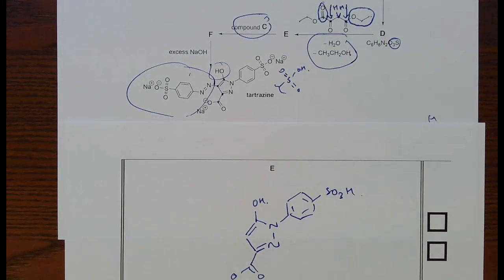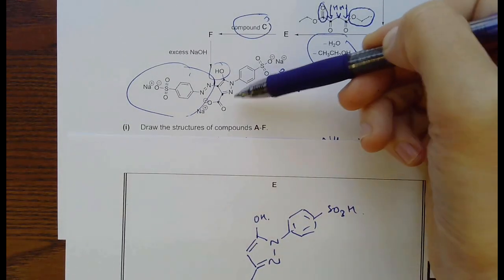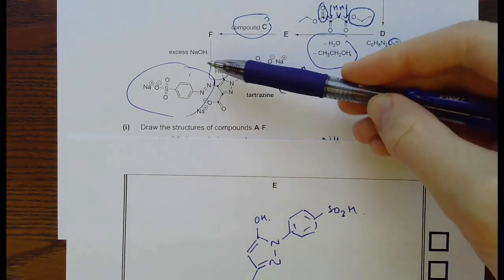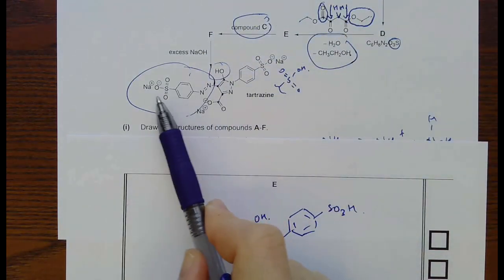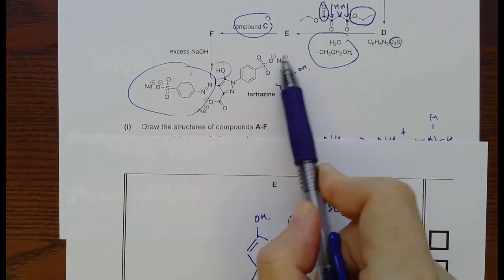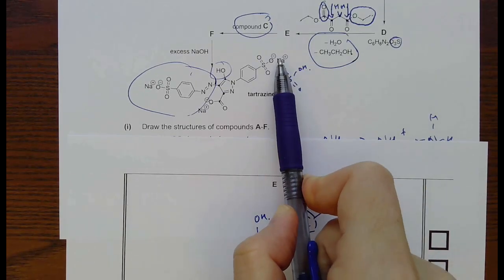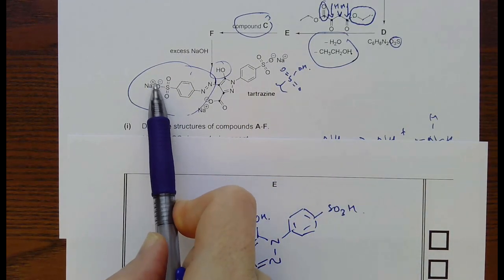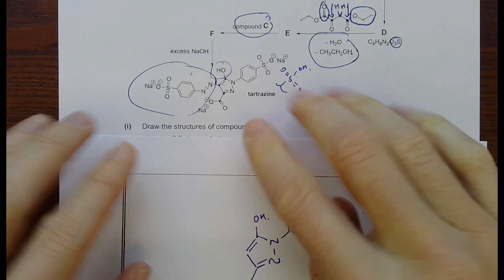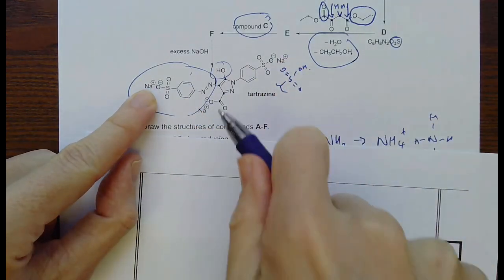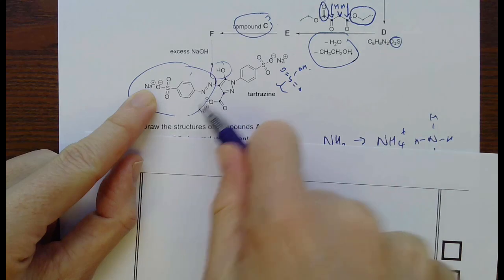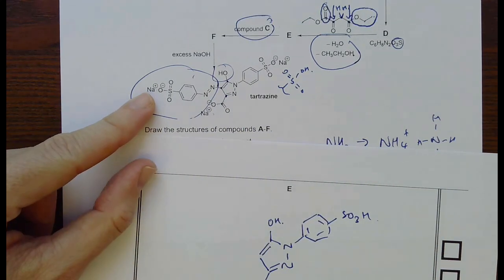So what I'm going to do is, at this point you can just work backwards. So you can think to yourself, all right, well, what is the sodium hydroxide going to do? The sodium hydroxide is going to deprotonate this group, and you get a sodium ion. It's going to deprotonate this group, and you're going to get a sodium ion. So all I need to do is just basically draw this, but just add on the hydrogen here, add on the hydrogen here, and it's going to hydrolyze this ester.